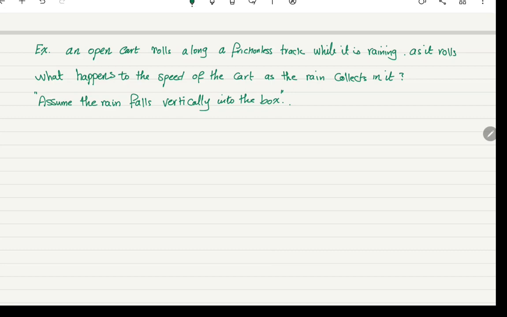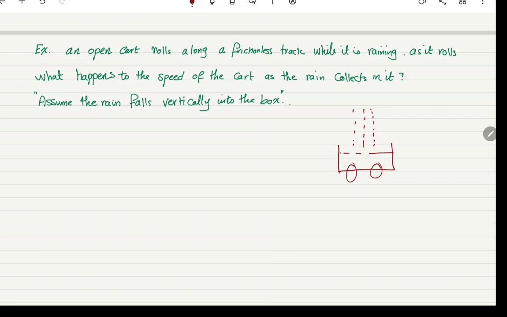So we have here a cart like this one here, and the rain falls vertically into this cart. So what happened to the speed of the cart and the momentum?